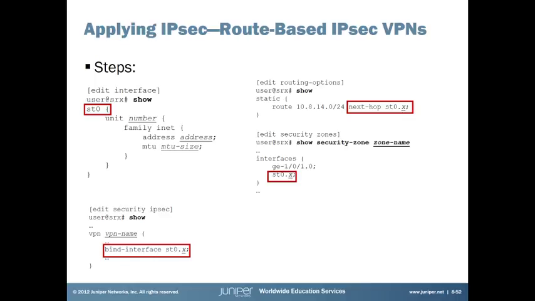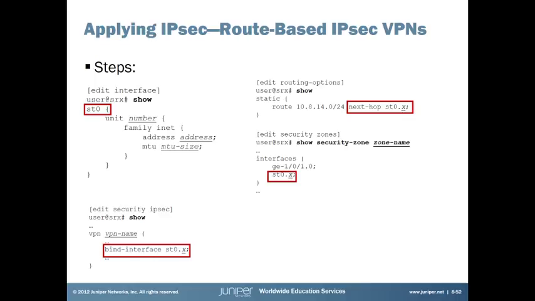We've already looked at the bind interface parameter, and what is important here is that we go in and we set a static route. This is really important, a static route to the networks at the other end of the VPN, so that when traffic is destined for those networks, the next hop becomes our ST interface, which we have previously configured.